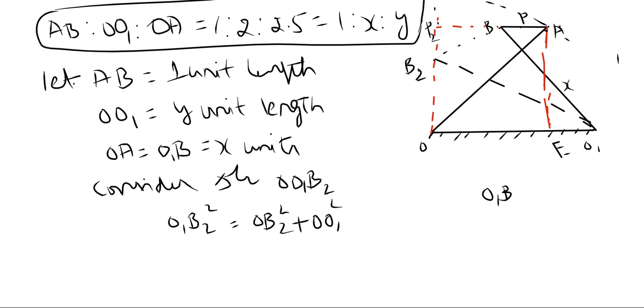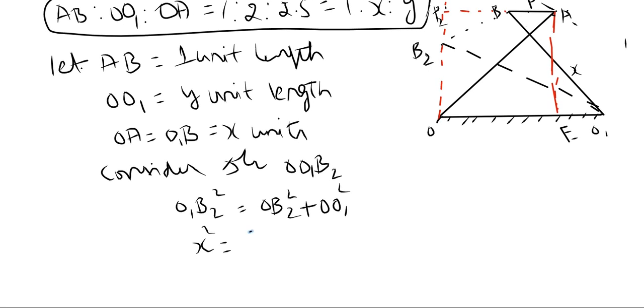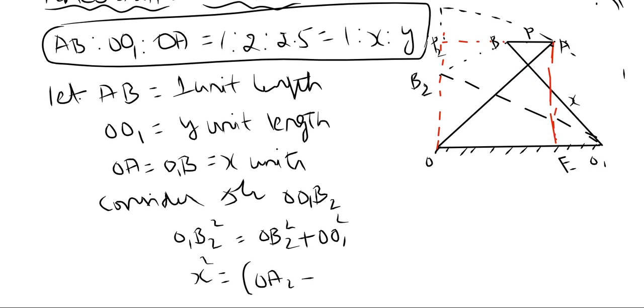So O1B is equal to the length of O1B2, because the B2 point is the transformation of point B. So O1B2 square is x square, and similarly OB2 I am writing as OA2 minus A2B2.